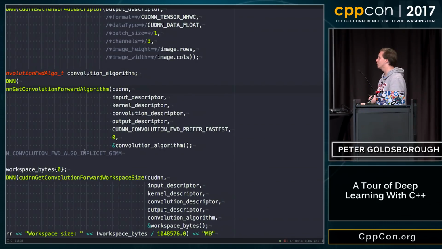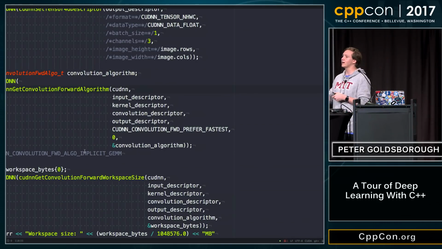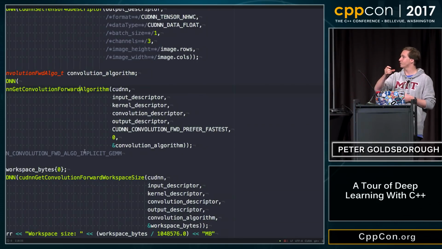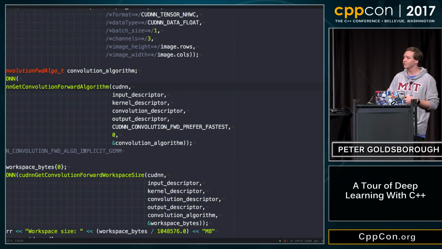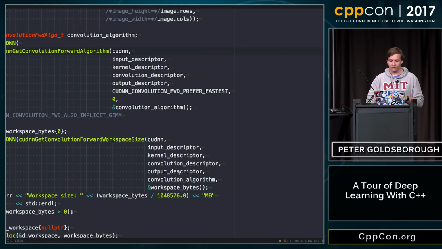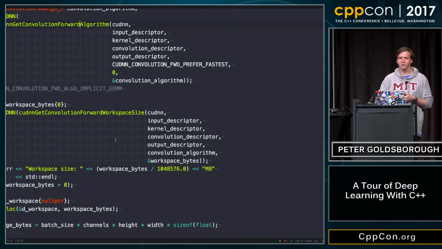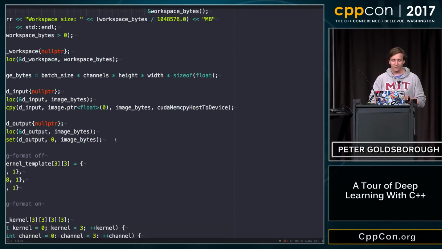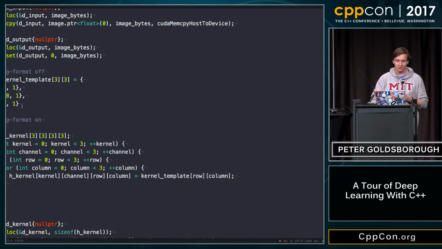The problem with that, I also outlined that earlier, is that you have lots of copies of data between individual patches of the image. So the implicit version would be a bit smarter about how it does the actual operation. Nevertheless, here the workspace is something that cuDNN uses to know how much memory it needs for its operations. And the actual kernel that we're using is this one here.